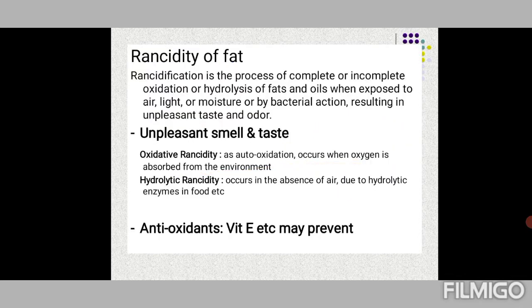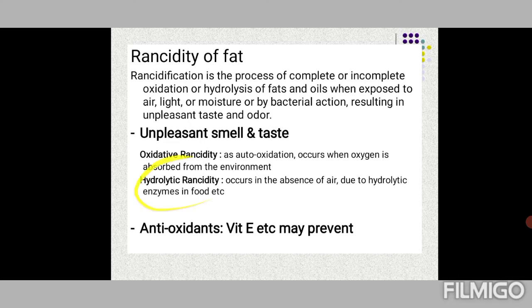Now we move over to rancidity of fat. Rancidity, as I said earlier, indicates the deterioration of the stored food. It imparts unpleasant smell and taste to the stored food, stored fat. It can be of two types: one is oxidative rancidity, the other is hydrolytic rancidity. Oxidative rancidity occurs when oxygen is present; it is a sort of auto-oxidation of the stored fat.